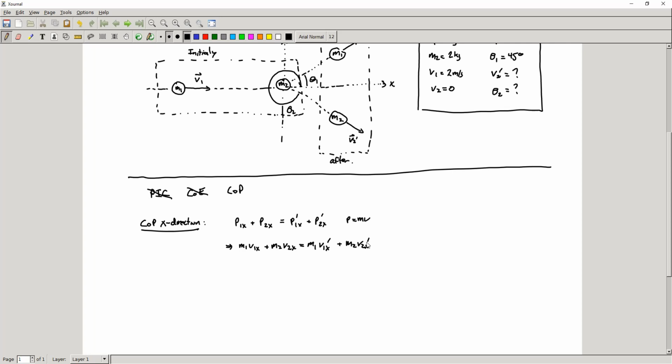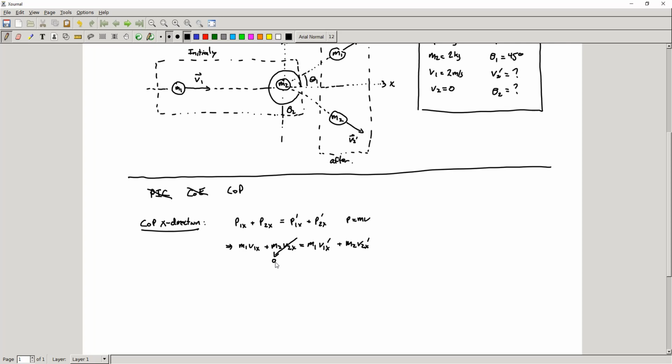Okay, but we know that v2x and y are both going to be 0 because our mass 2 originally is not moving at all, right? So we can cancel that term right away. We also know that all of our velocity for v1 is in the x direction, right?